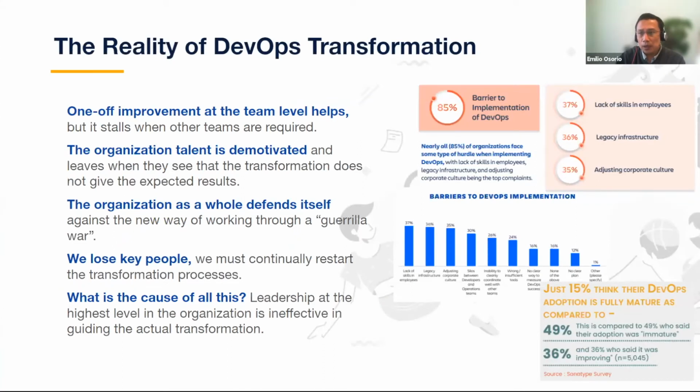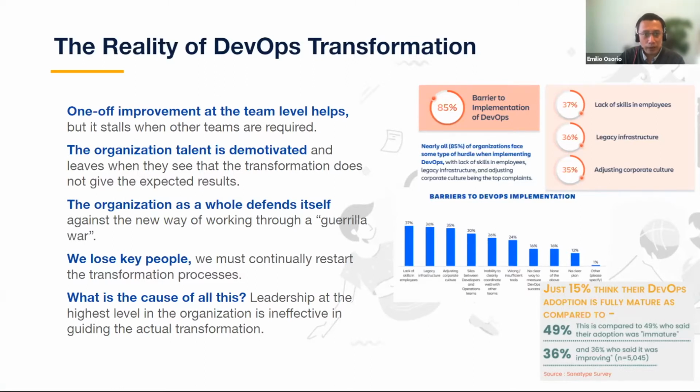Well, most of the things we have seen is that most people start with a team-level emphasis. And the problem with the team-level emphasis is that if you're a small company, that's perfectly fine. Probably your team builds and runs the system. But if you are in a large enterprise, your team will never, in a traditional organization, be able to build and run the software.